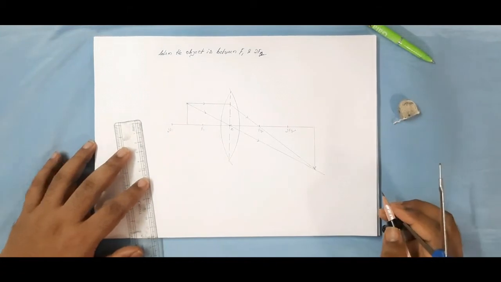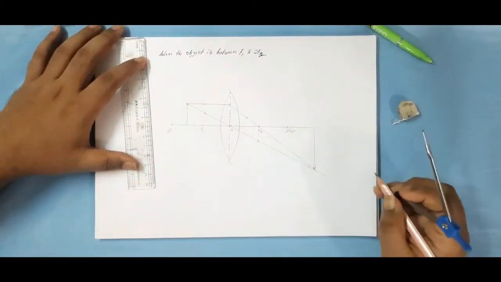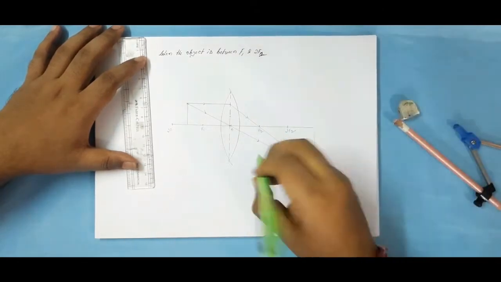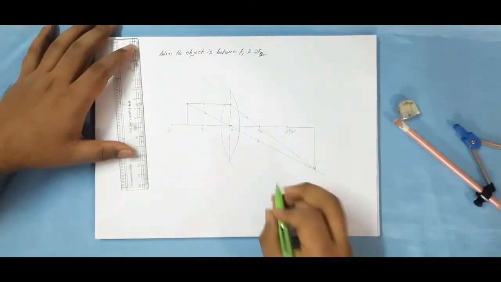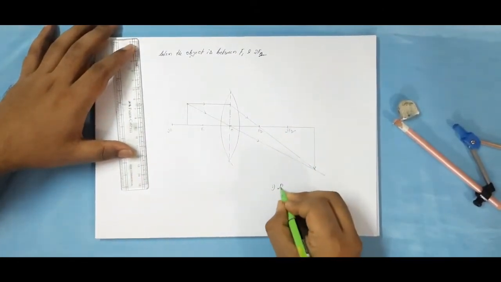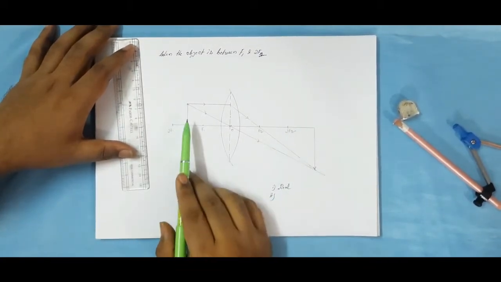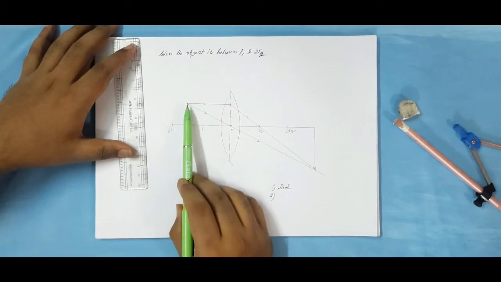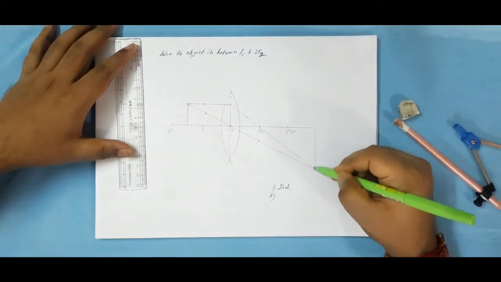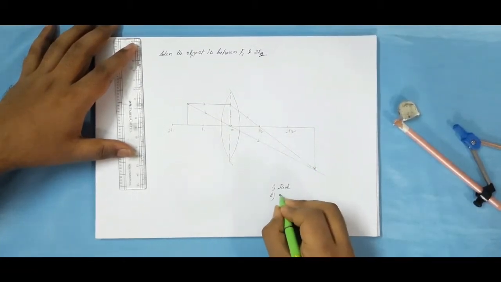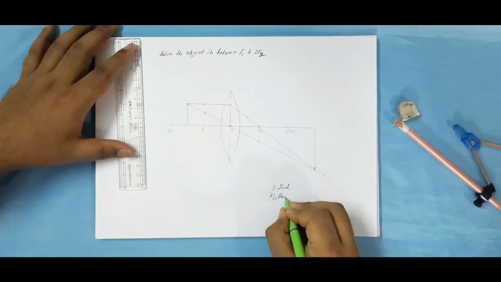Now, the characteristics of image. Number 1, the object and the image are on the opposite side, therefore it is real. Number 2, the arrowhead of the object is upright, whereas the arrowhead of the image is inverted. So the image is inverted image.